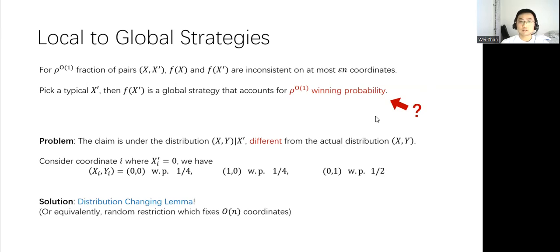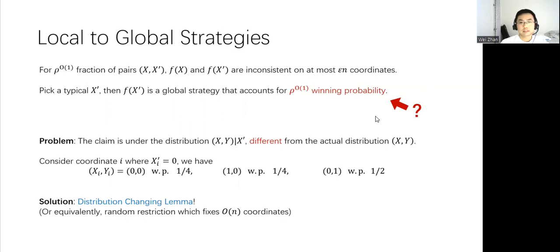So our solution to this problem is to call the distribution changing lemma again. Because we can prove the claim for the winning probability of a global strategy under this biased distribution, the lemma just translates it to a claim under the uniform distribution, but with a smaller n. But this n is smaller just by a constant factor, so we're fine.